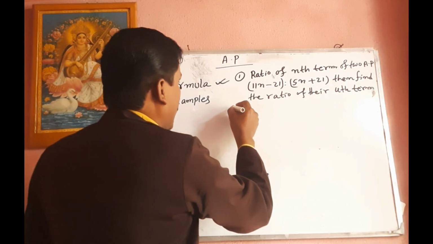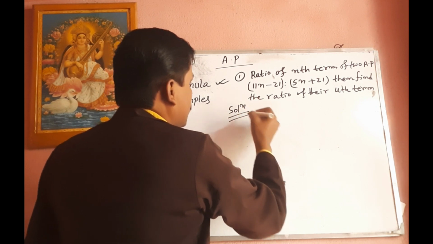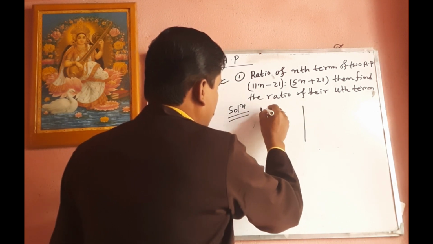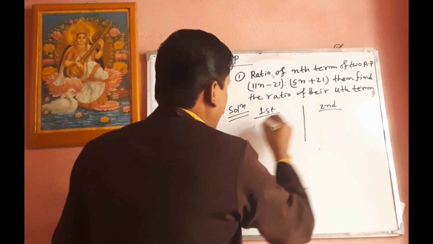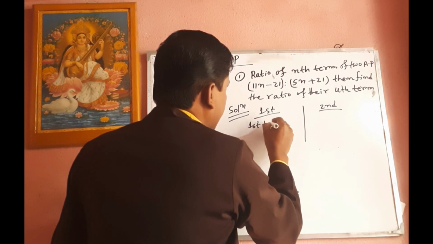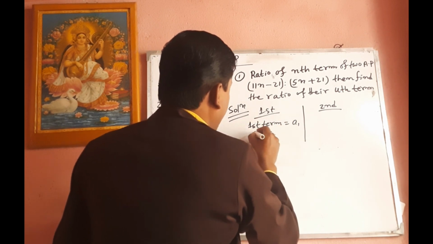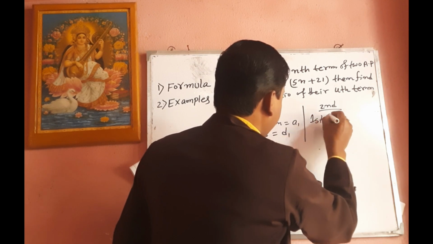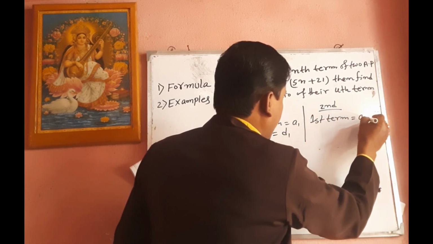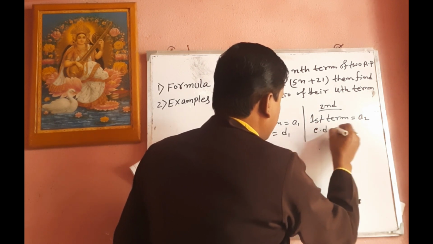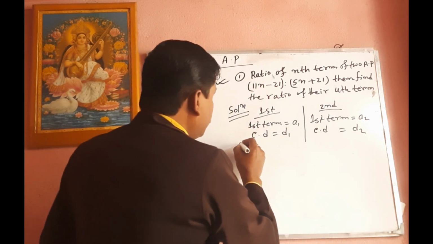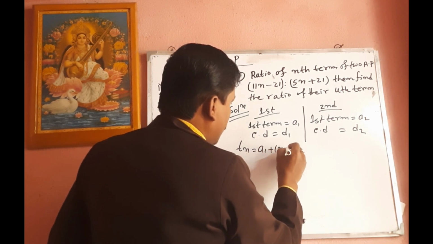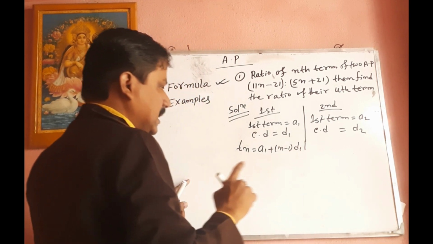Now according to the formula, solution: let the first term be a1 and the common difference d1 for the first AP, and the first term a2 and common difference d2 for the second. Then the nth term Tn will be a1 plus (n minus 1) into d1 according to the Tn formula.